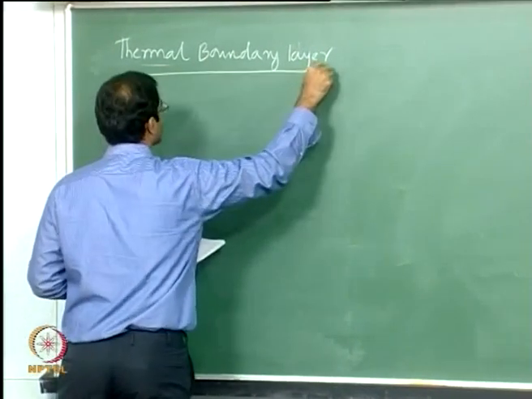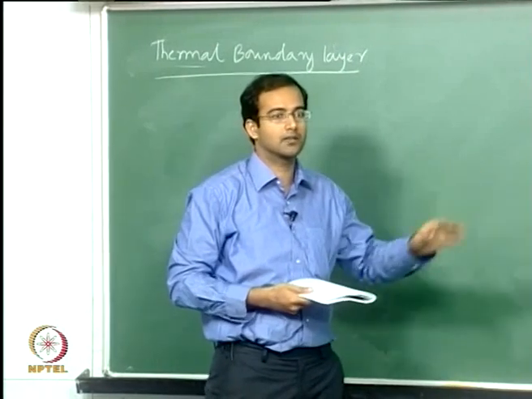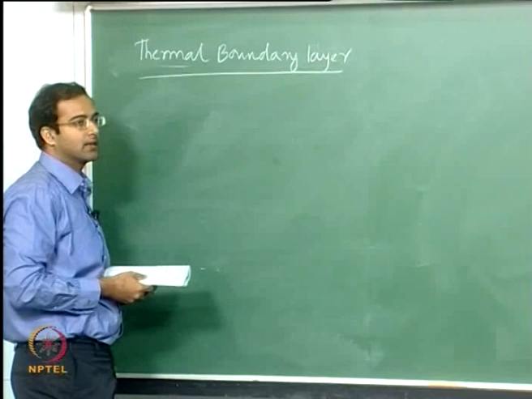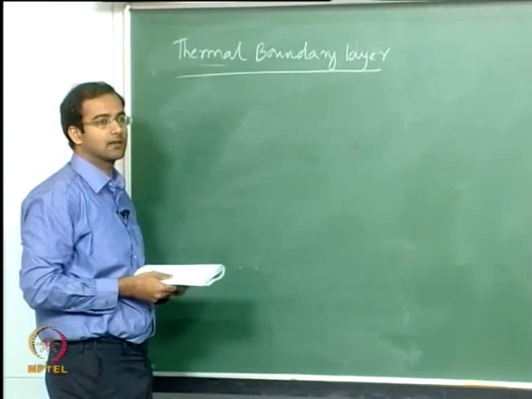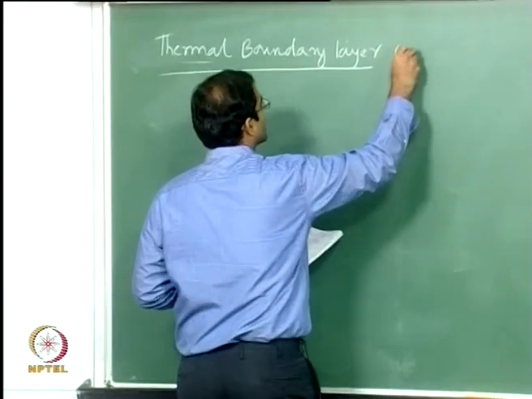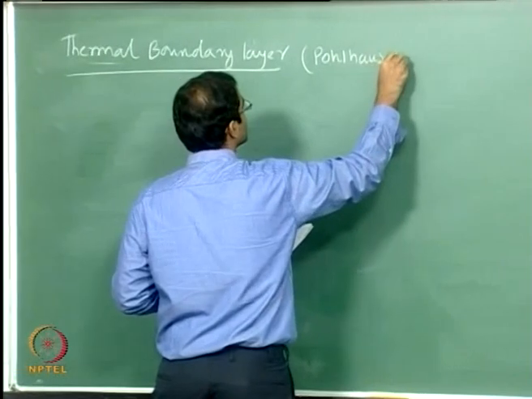Blasius did the flat plate solution for only the fluid hydrodynamics and stopped there. It was Polhausen who extended the similarity solution towards heat transfer. So this is also called the Polhausen solution.